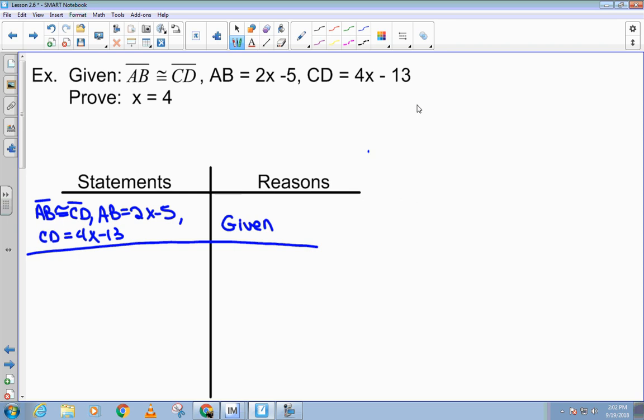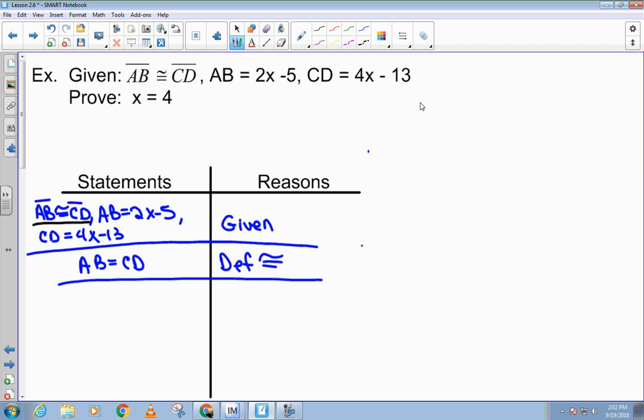So you have to change this congruence statement into an equality statement. And we can do that because we know if two things are congruent, they're equal. If they're equal, they're congruent, right? The definition of congruence allows us to say that. So I'm going to take this little statement right here, and I'm going to rewrite it as AB equals CD. And the definition of congruence allows me to do that.